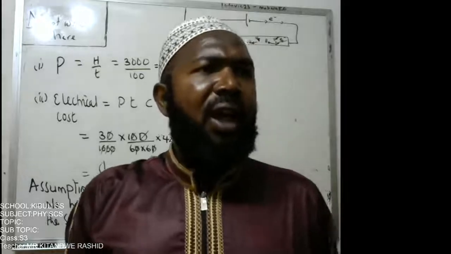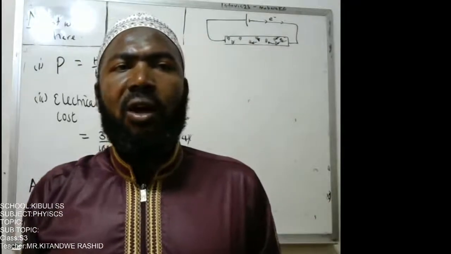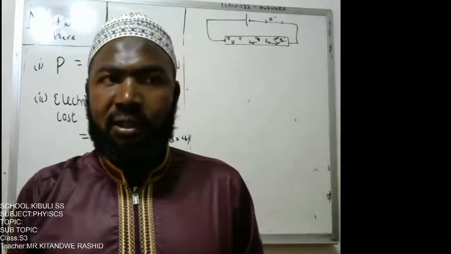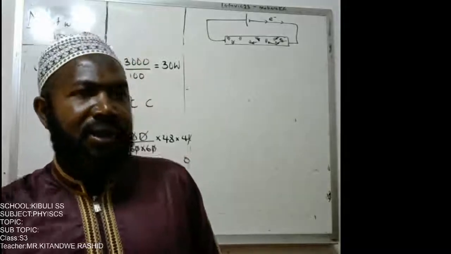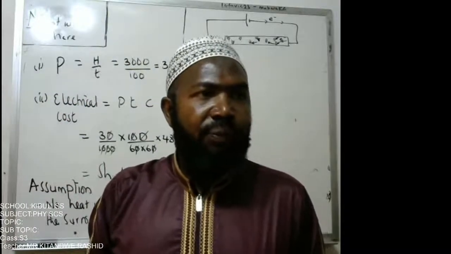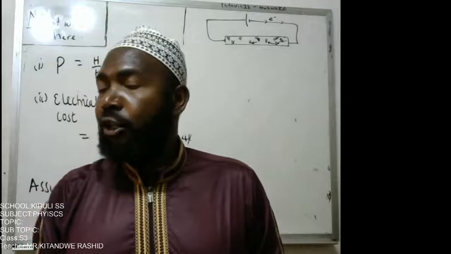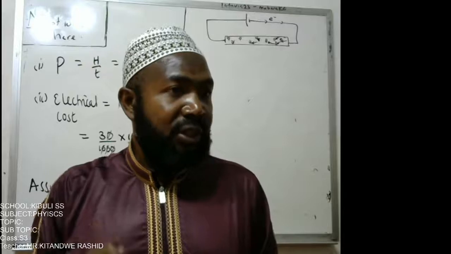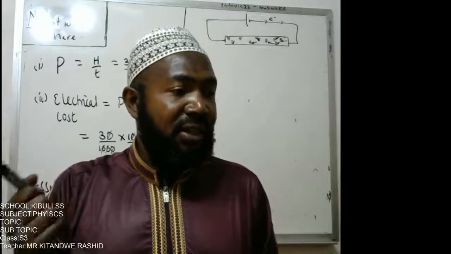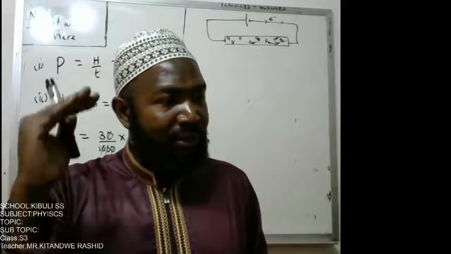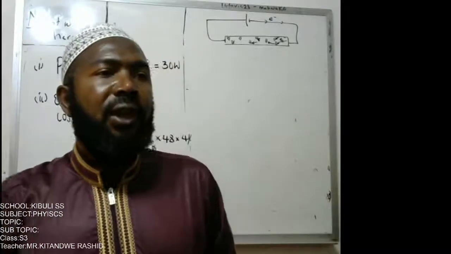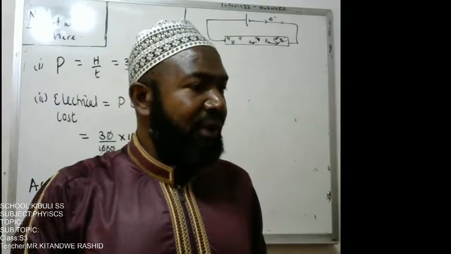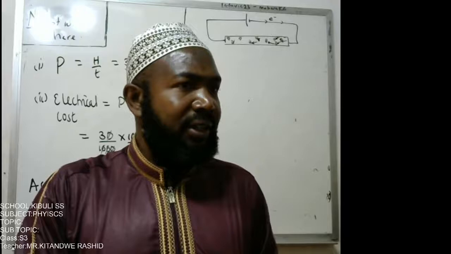Now, how important is the heating effect in electrical appliances? Electrical appliances that use the heating effect are: 1, electric bulbs and tubes. These bulbs we are using to give us light first convert energy to heat. Even the so-called energy saver, you experience some heat from it. 2, electric flat iron, which in its mode of operation provides some heat.